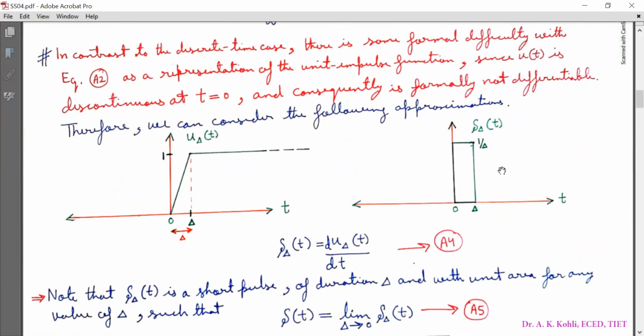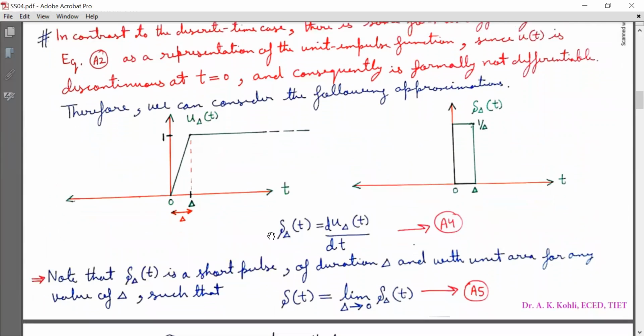Look at this. Its amplitude is 1 by delta and its width is from 0 to delta. Now delta subscript uppercase delta of t is equal to d by dt of u subscript uppercase delta of t. Mark it as equation A4.